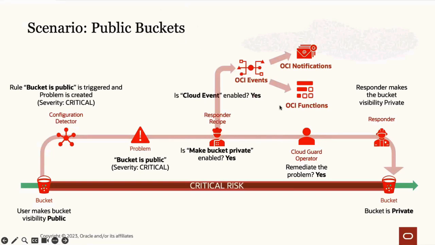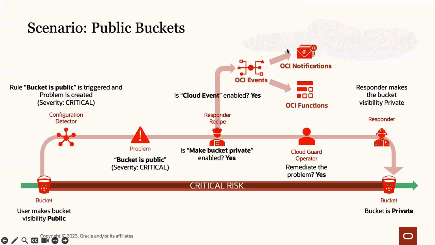And the function, let's say in this case, could just make the bucket private. If the function has been written and it fixes the problem, then the flow ends here. If you're not using functions, and maybe you are using functions for some problems and you're not for others, whatever the case may be, if you're not using functions, then a notification will be sent out.